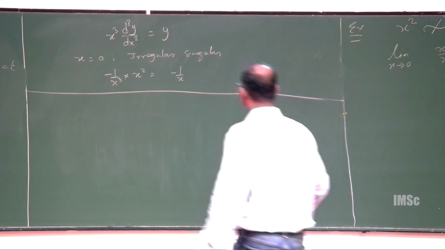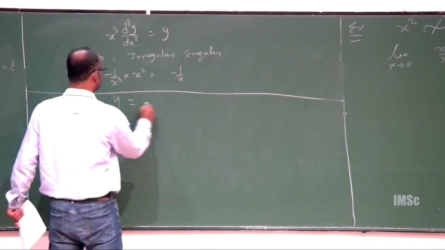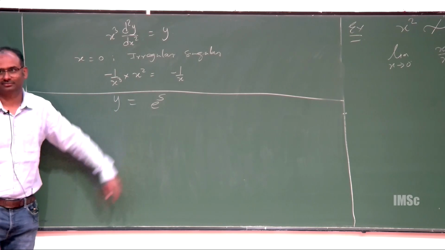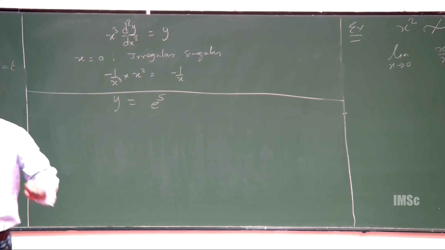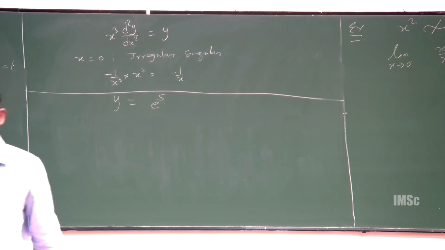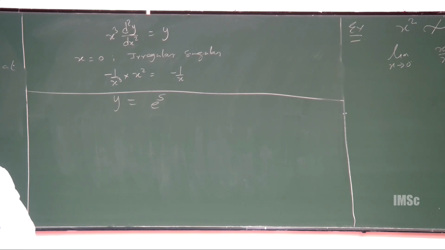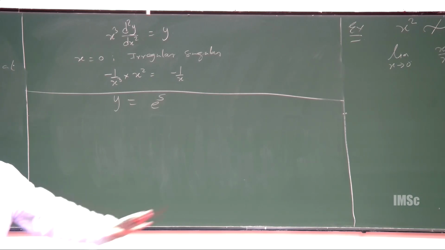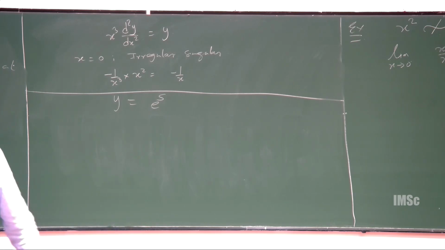So you can make a substitution y equal to e to the s, and we want to determine what s is. If you are lucky it will work, if you are super unlucky it might not. There is no formalism where you take this differential equation, do these steps, and you are going to get the solution. That doesn't happen. Otherwise our life would have been much easier.